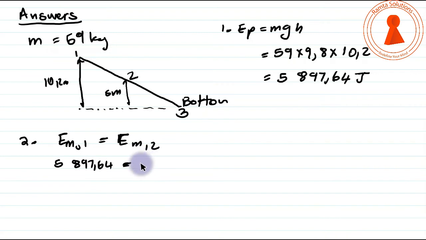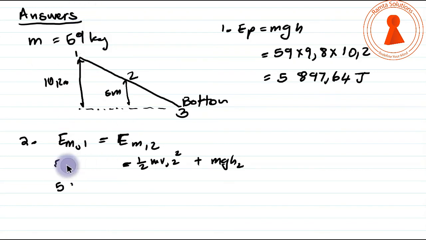I should have used the formulas. Mechanical energy is half mv squared plus mgh.